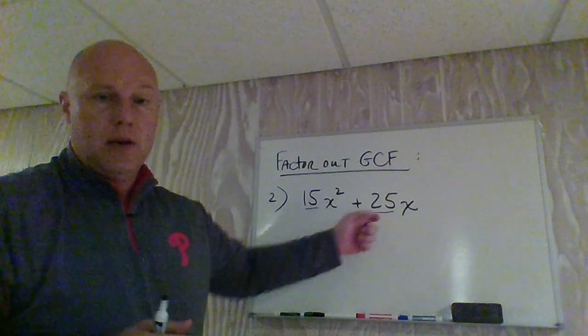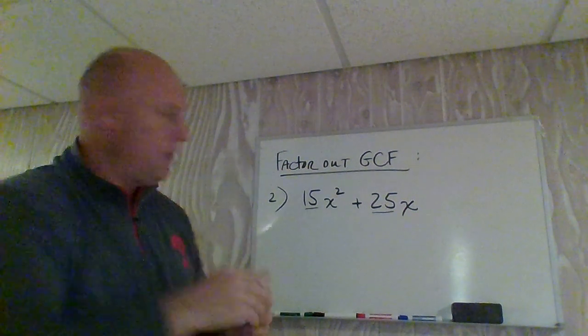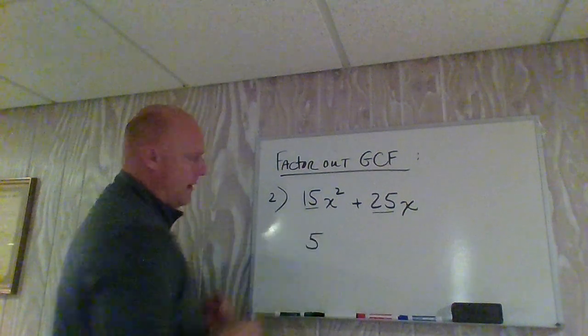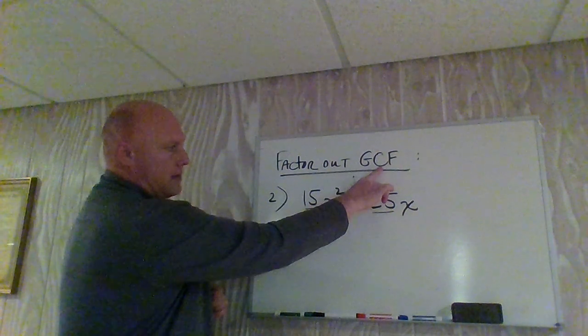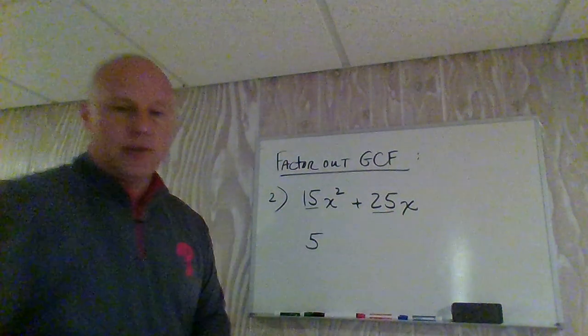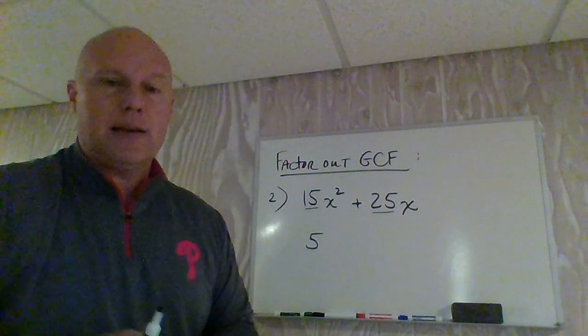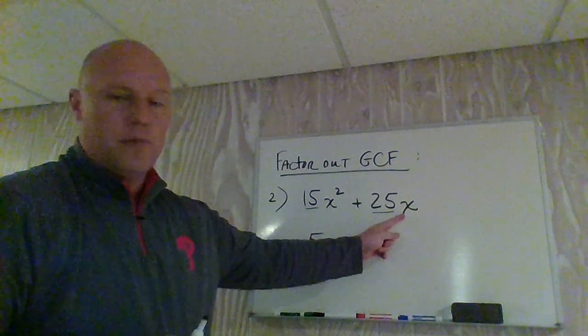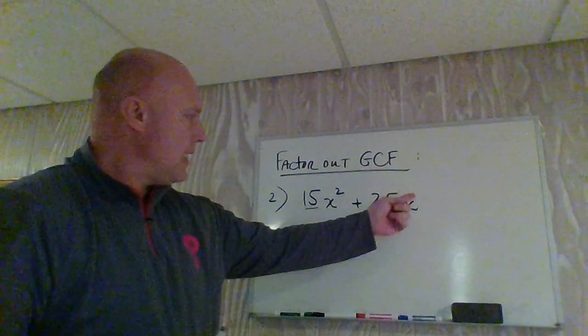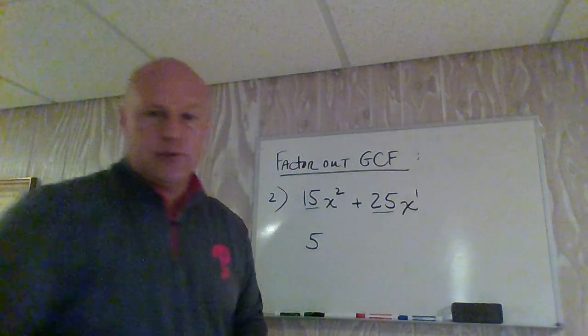In this case, it would be 5. If we pull a 5 out, that would be part of the greatest common factor, but they also have x's in common. You have to ask yourself, what's the most amount of x's each one of these terms has in common? This has 2 x's because of the exponent. This has 1 x because we have a 1 understood there.